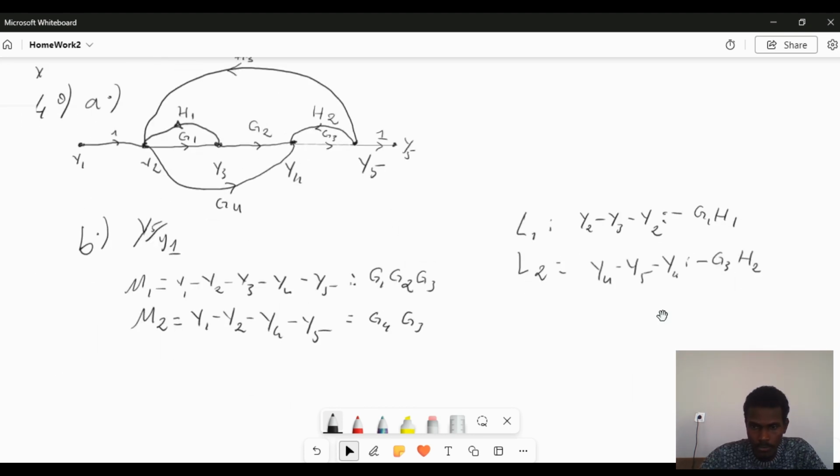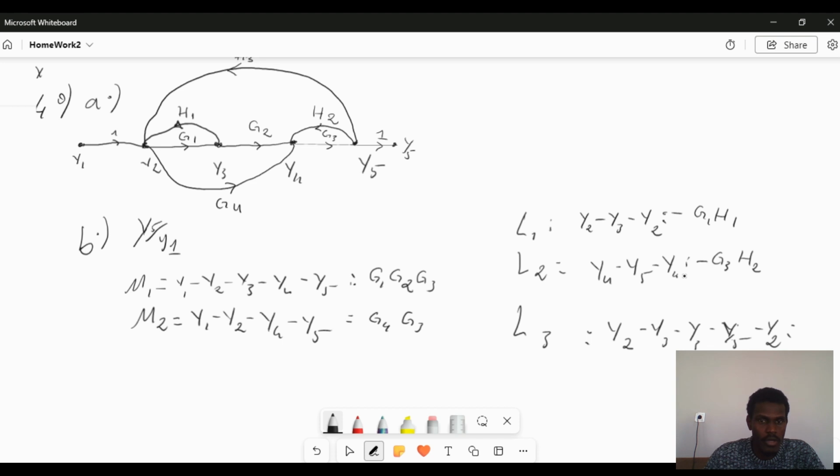Let's continue. We have another loop, from y2 to y3, to y4, to y5, and again going back to y2.